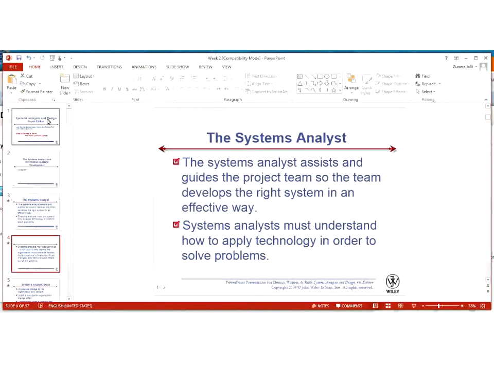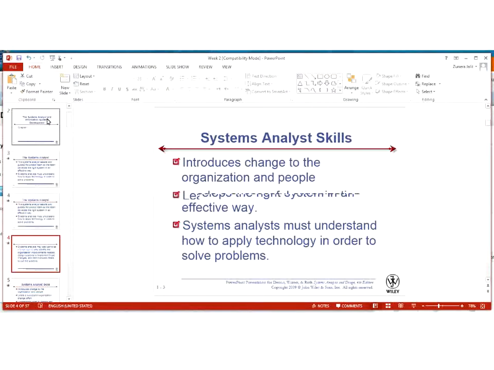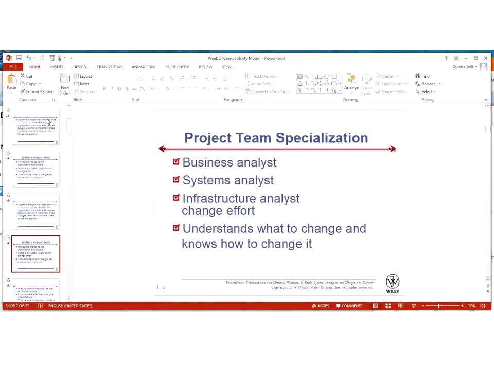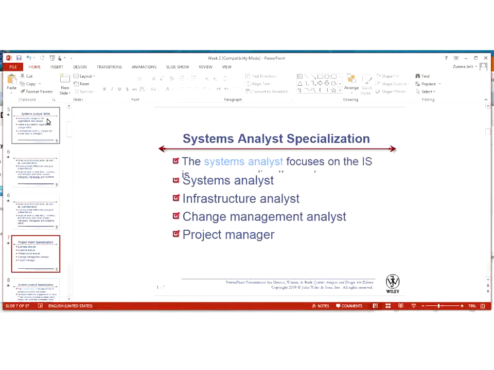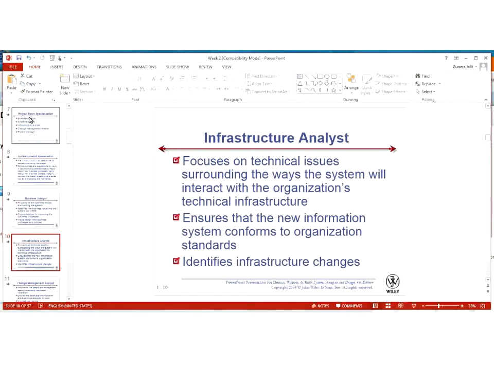So we came to know about who a system analyst is, then what are the skills required by a system analyst, then what are the specializations in a project team, like business analyst, system analyst, infrastructure analyst, change management analyst, and then project manager. So we talked about all these things, and then I explained each one of these specializations.